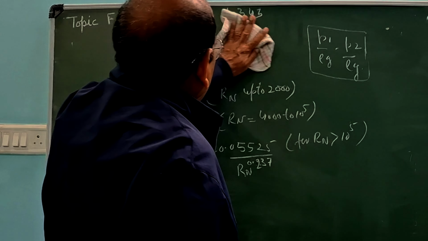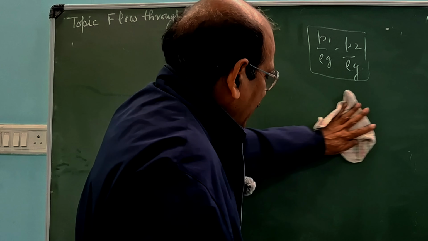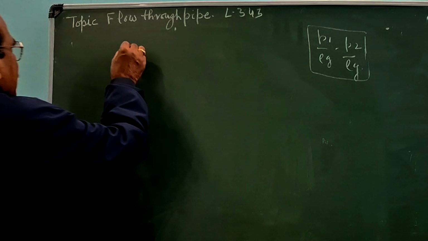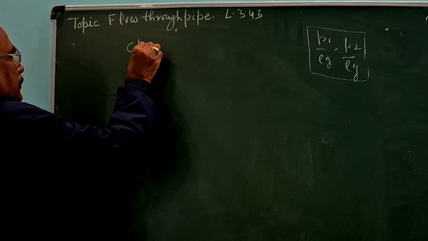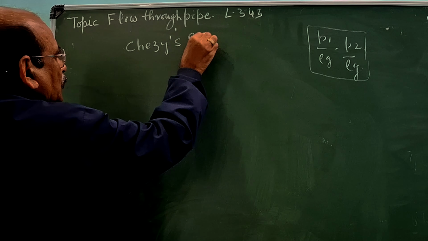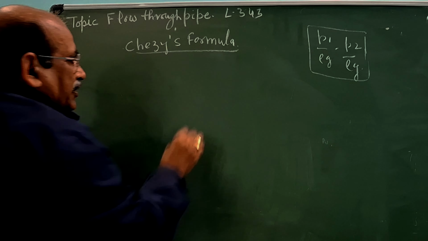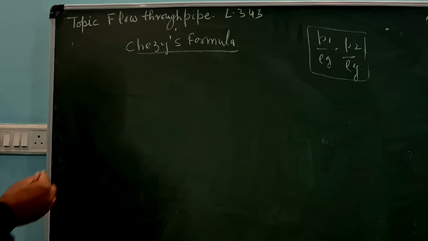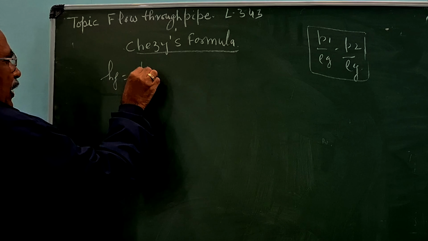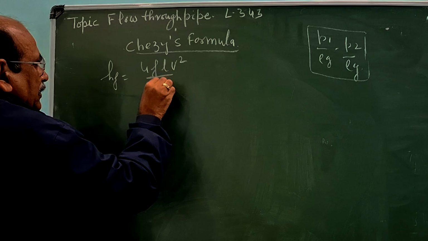Now let us find out the flow velocity. How to find it? By Chezy's formula. You can use Chezy's formula to find the flow velocity in the pipe. So we have hf equals 4FLV square upon 2gD.